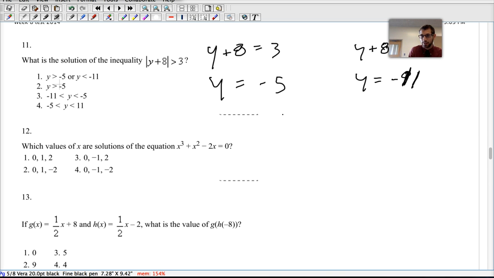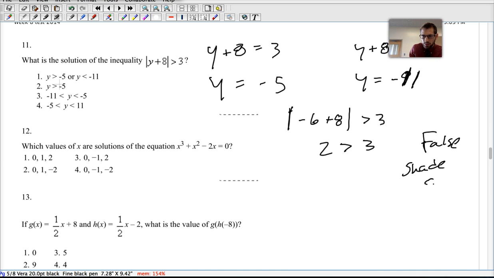Sadly, I actually can't use 0 this time if I want to test a point in between. So let's pick, say, negative 6. So the absolute value of negative 6 plus 8 is greater than 3. So negative 6 plus 8 is going to be 2. It's greater than 3. False.